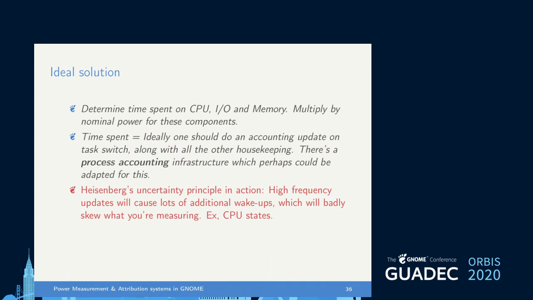Heisenberg's principle: if you measure the velocity, you change the position. If you measure the position, you change the velocity. So if you measure the power of your CPU, you change the power of your CPU. For example, let's say that you are asking your CPU, hey, what's the power that you're running at right now? Your CPU was actually sleeping in the first place. It was consuming like 1 watt. And now to answer your question, it has to wake up.